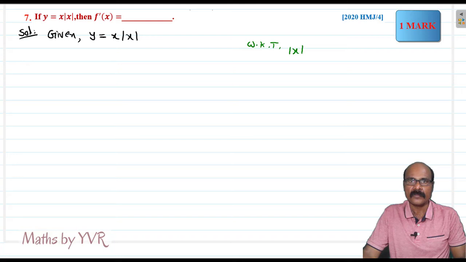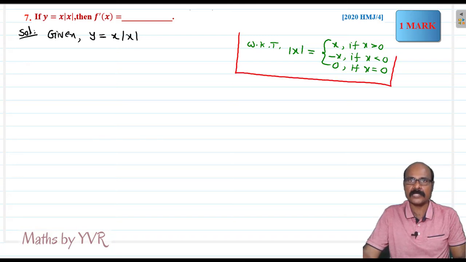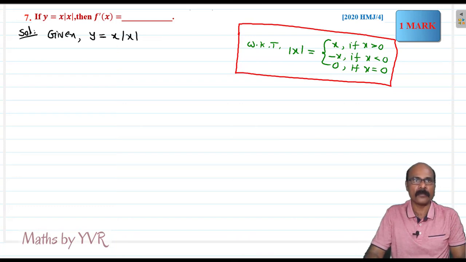We know that mod x is equal to plus x if x is greater than 0, minus x if x is less than 0, and 0 if x is equal to 0. So this is the modulus function definition from the relations and functions chapter in 11th standard. Now I am going to apply this definition to find the derivative of the given function.